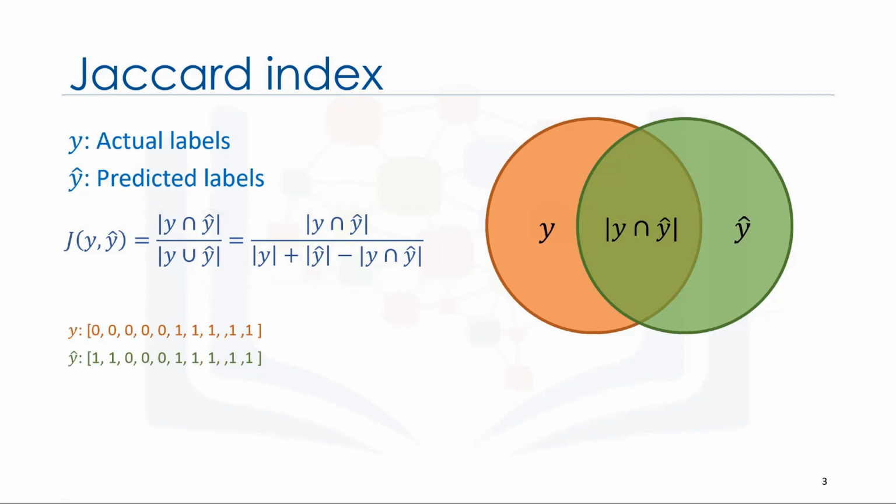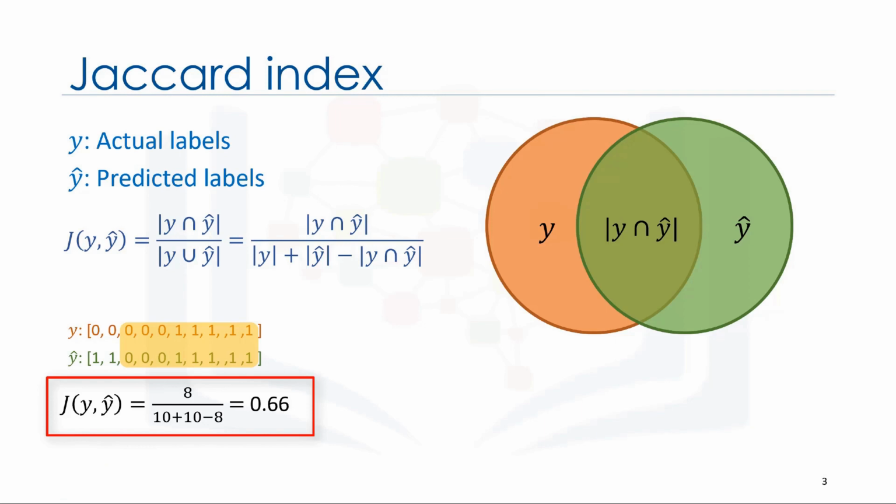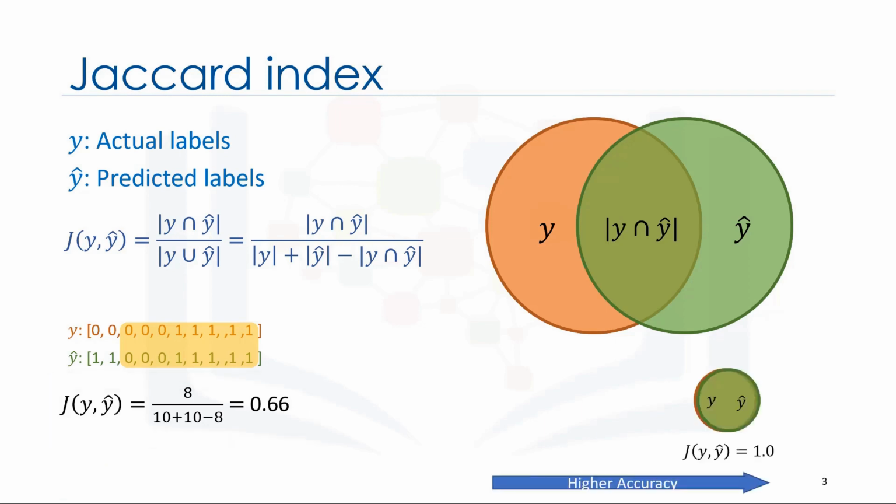For example, for a test set of size 10 with 8 correct predictions, or 8 intersections, the accuracy by the Jaccard index would be 0.66. If the entire set of predicted labels for a sample strictly matches with the true set of labels, then the subset accuracy is 1.0. Otherwise, it is 0.0.